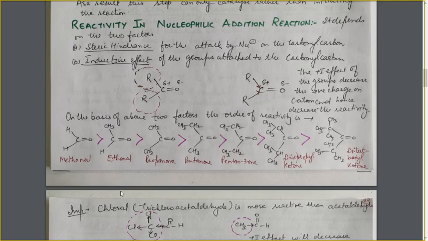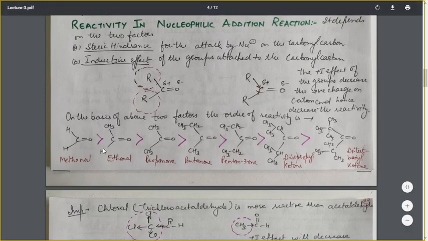So in this order, the methanal is most reactive and this ditertiary butyl ketone is least reactive. Now let's see how this is the case.